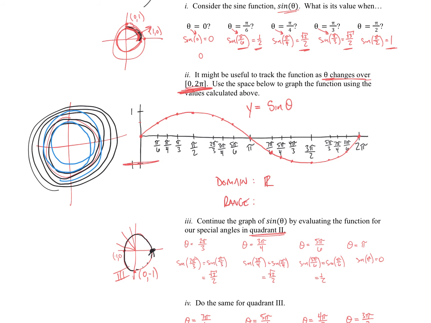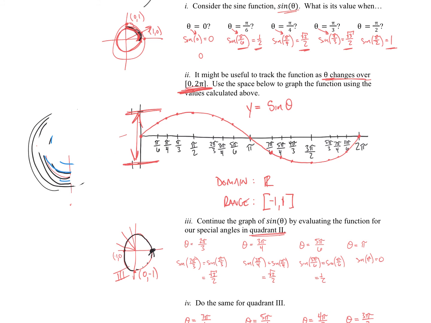And the range, you'll notice, is always going to oscillate between 1 and negative 1 when the function is just sine of theta. And that's because if you look at that unit circle, you're going to see that the function never goes any higher than 1 or negative 1. And I'm saying higher because we're talking about sine.